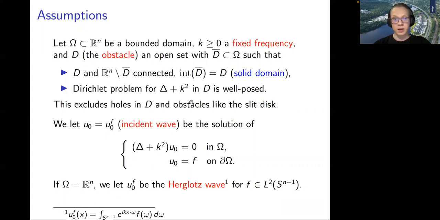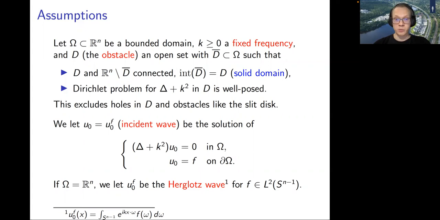Okay, and so I denote by U0 or U0^f the incident wave, and by this I just mean that it will be the solution of the Helmholtz equation, Laplacian plus k squared U0 equal to 0 in omega, U0 equal to f on the boundary of omega. So this is the incident wave in the boundary case.